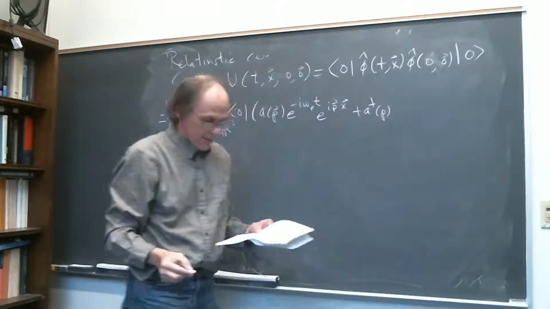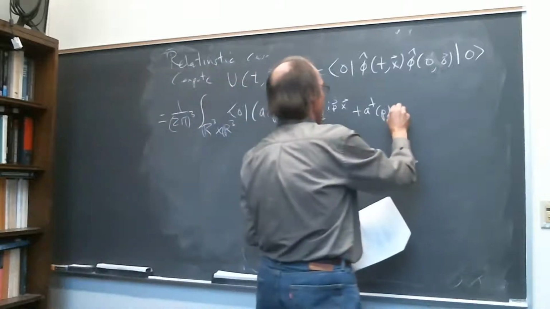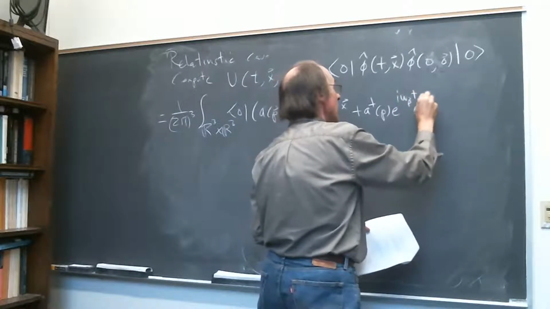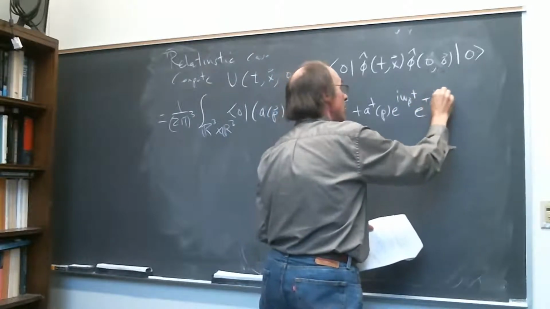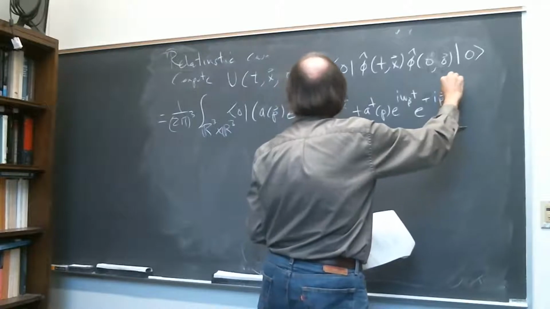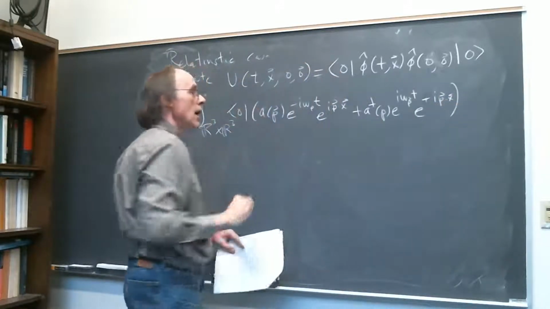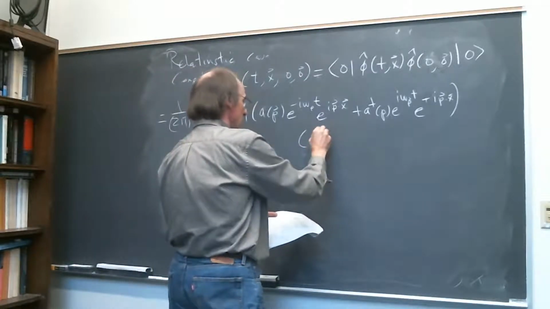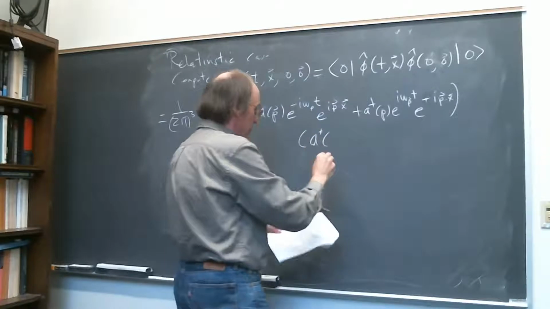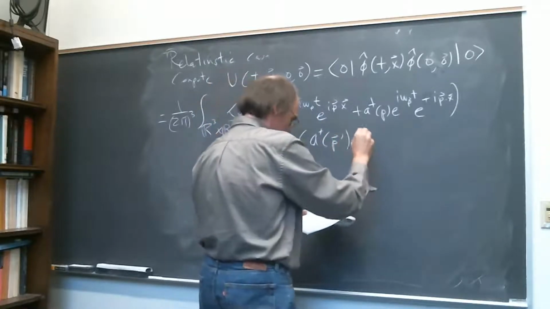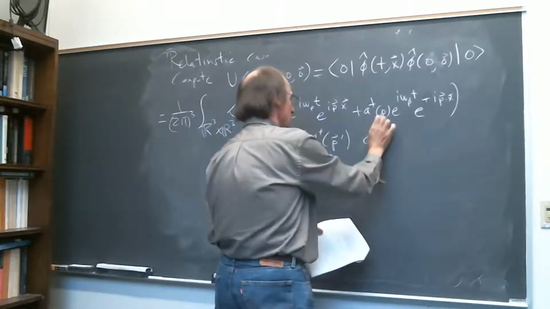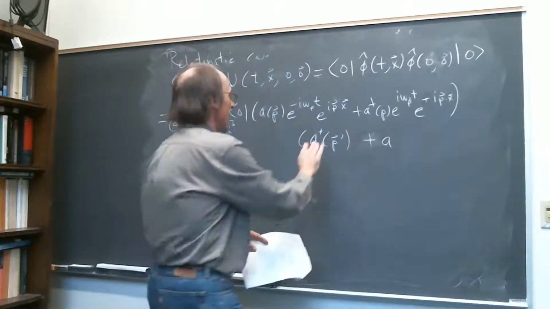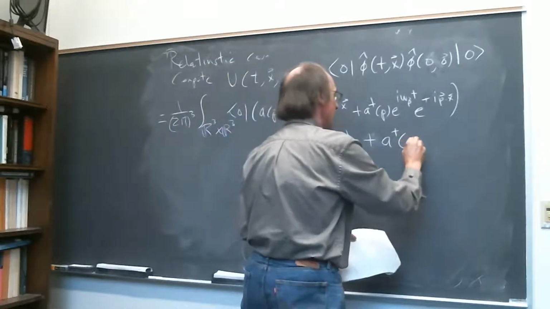Then you multiply by a of p vector prime plus a dagger of p vector prime.